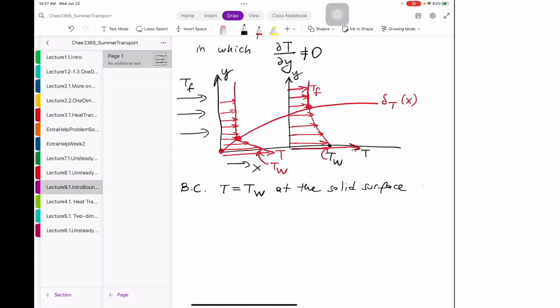And that boundary condition is analogous to the no slip boundary condition used in momentum transfer problems.